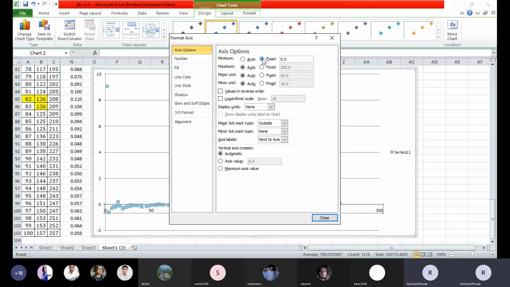I will fix the value not from 0, but I want from 28. एक second बेटा. I will mark it to 28 only. Okay, and this I don't require 300. I will fix it to 250.